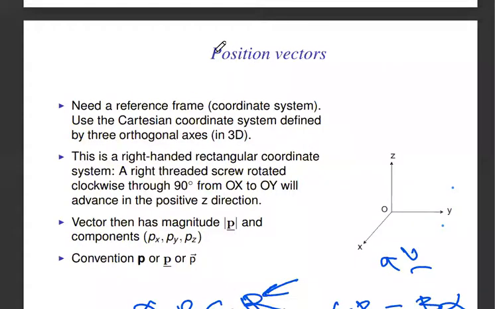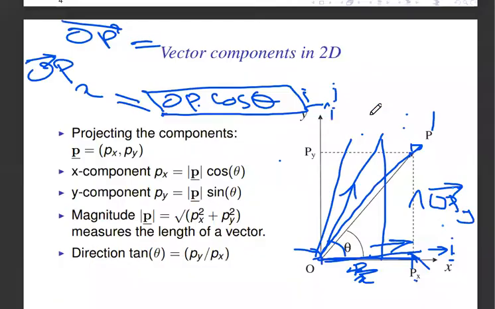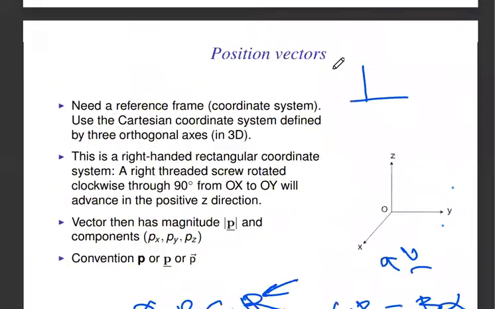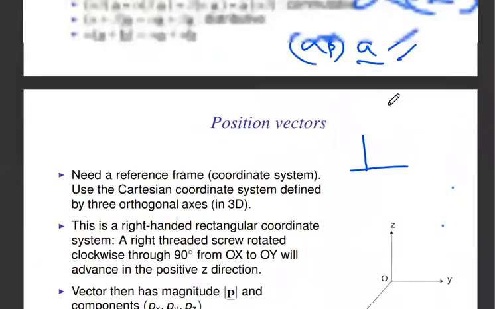to talk about position vectors, definitely we have to consider the reference frame. If it is two-dimensional, we can talk about 2D vectors. That means position vector.